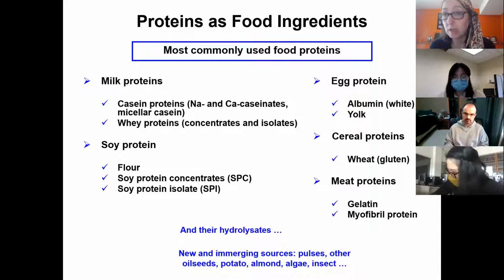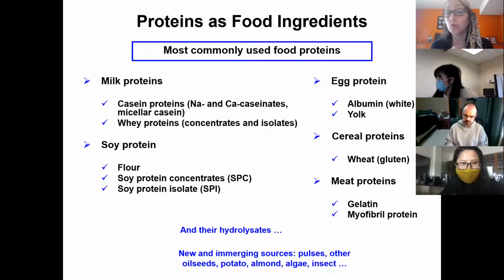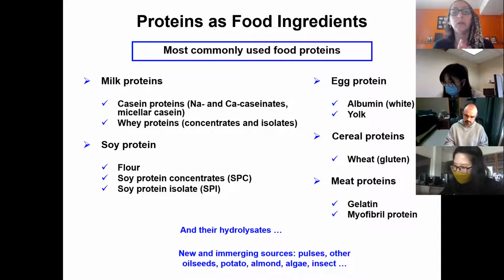It's used for texturization, for meat analogs. So it is another important protein ingredient. And then we have the meat-based proteins, gelatin, myofibril proteins as well. All of these, or most of them, you would find as hydrolysates. So you find whey protein hydrolysate in the market, you find soy protein hydrolysates, you find albumin protein hydrolysate, and even gluten protein hydrolysate. So it is another form of an ingredient for enhanced functionality.